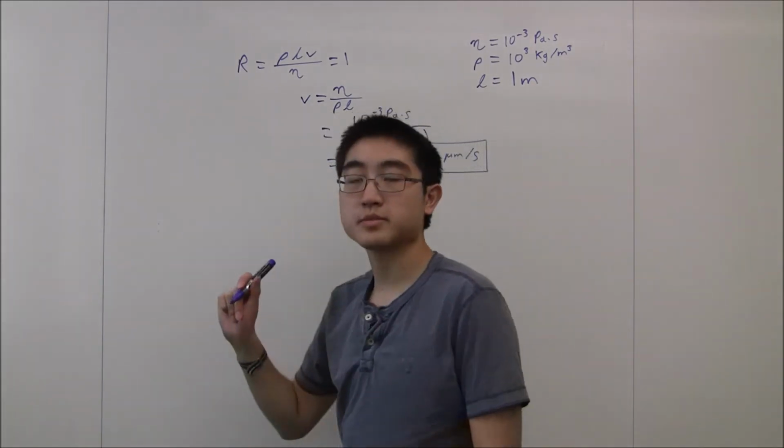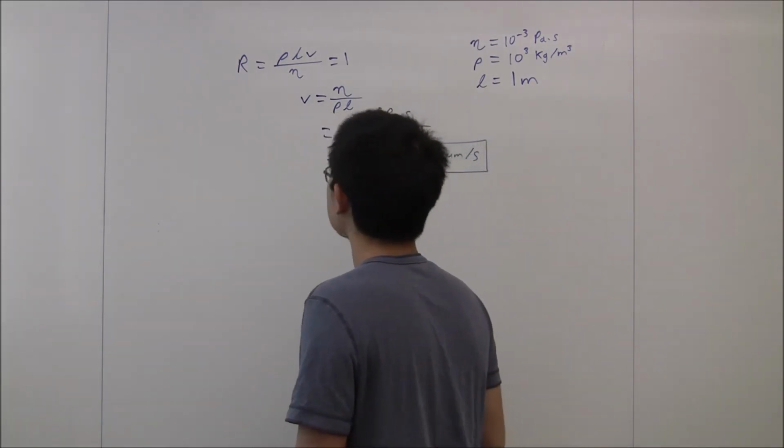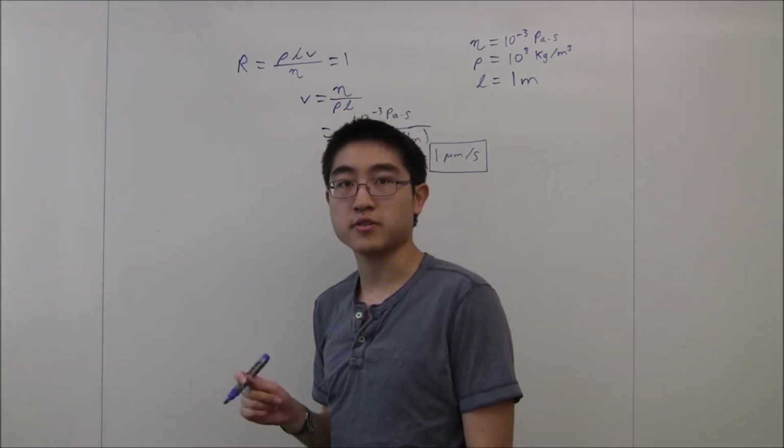So that's going to be the maximum speed a person can swim underwater such that the viscous drag force dominates over the inertial drag force.